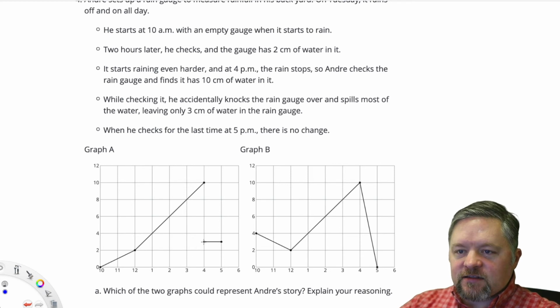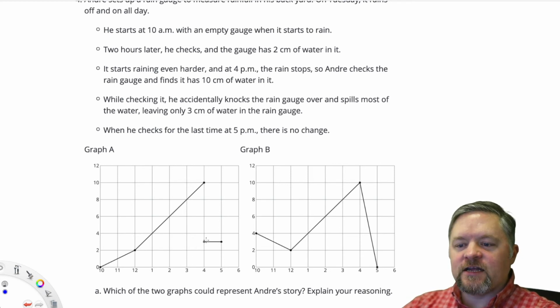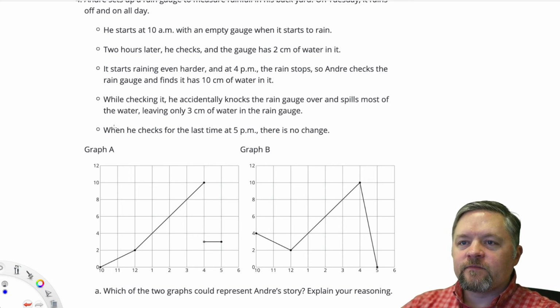So this instantly dropped down to 3 centimeters. This took time and went to 0. When he checks it for the last time, there's no change. So after he spilled some water, he checked it at 5 o'clock and it hadn't changed.